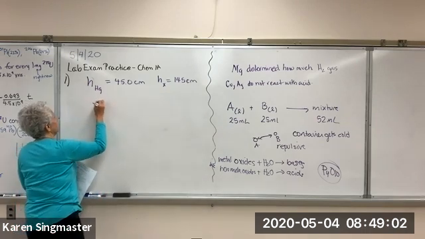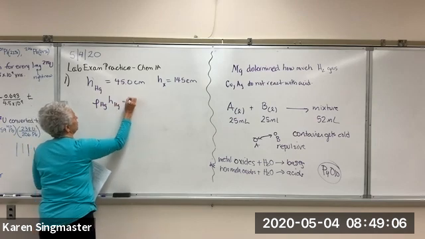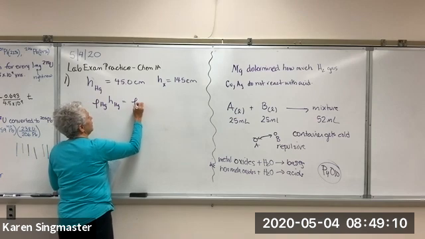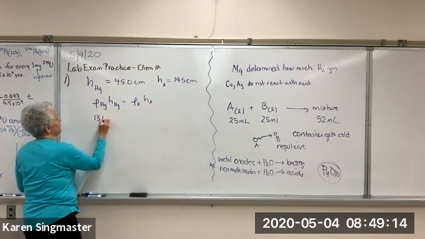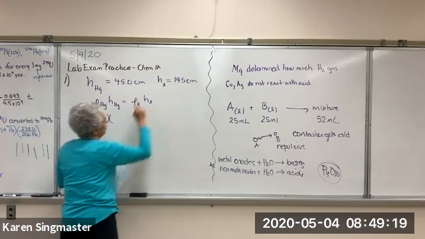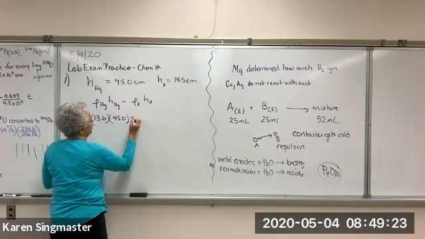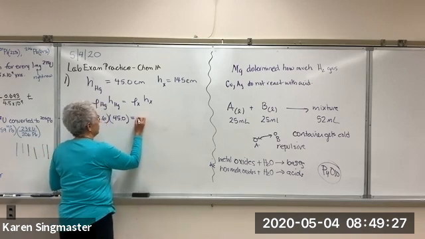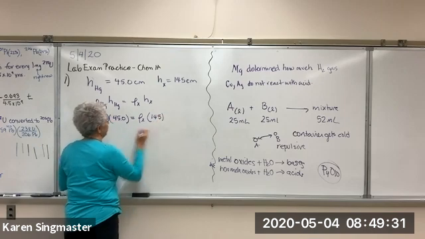So it's density of mercury times height in mercury equals density in liquid X times height in X, right? So I have 13.6 is the density of mercury. The heights are both in the same units, so I'm good. 13.6 times 45.0 equals X, which I should call the density of X, times 145.